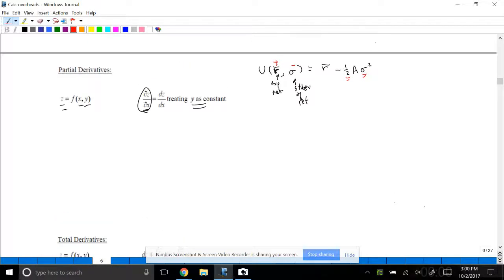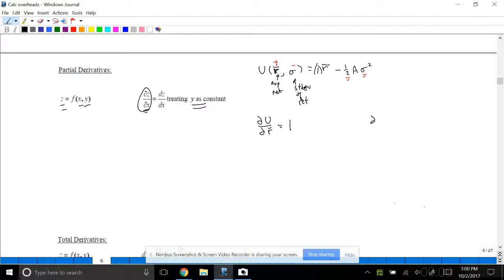All right, so let's take the partial derivative. So we don't have a d, it's this little kind of delta thing. Partial derivative of utility with respect to expected return, and we see there's an implicit 1 in front of this. So it's just 1.